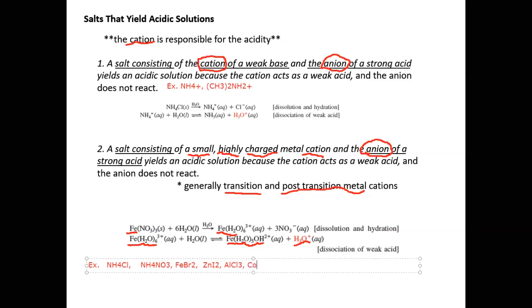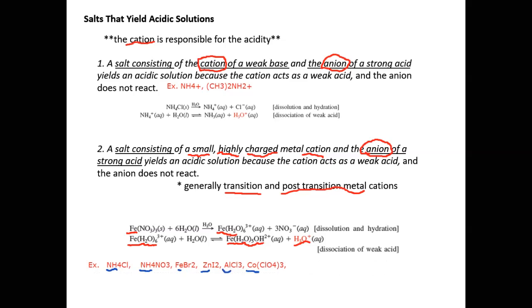Cobalt perchlorate, cobalt 3 perchlorate, slightly acidic. So all of these have in common, they have an acidic cation and a neutral anion, because the anion comes from a strong acid.